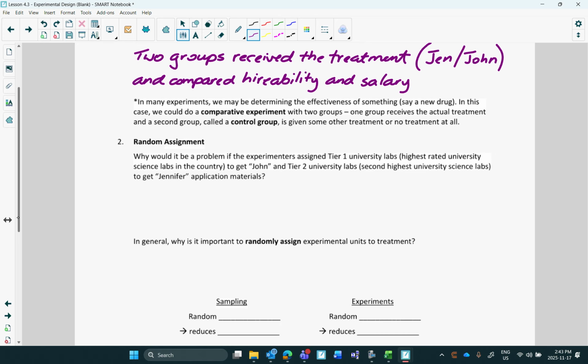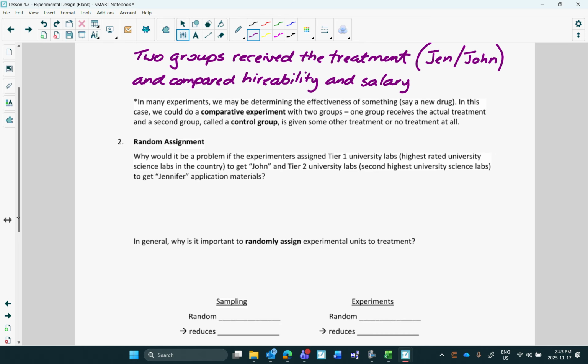Yeah, wouldn't that introduce confounding? Because how do we know? One would consider that the people at the top tier university have a better reputation, and if they're all given the John, perhaps that's going to favor John.